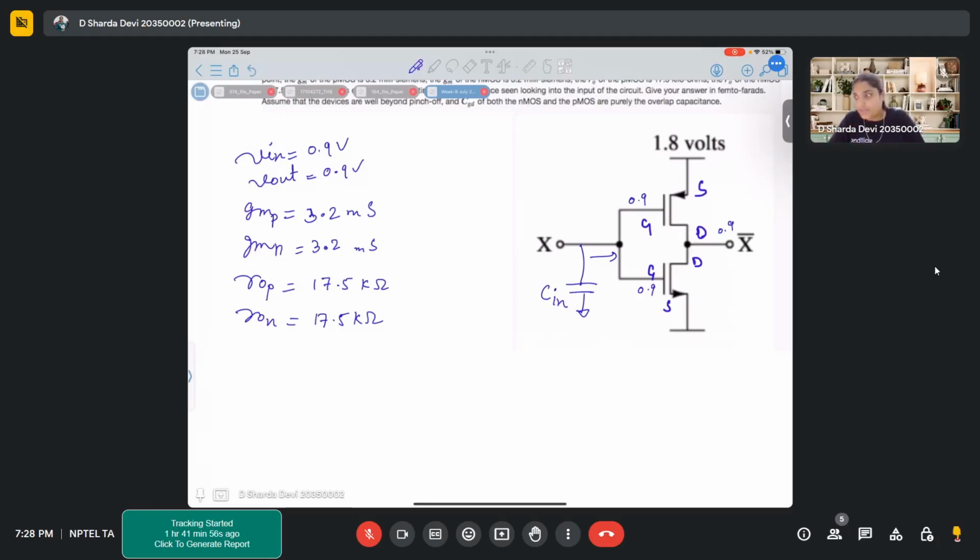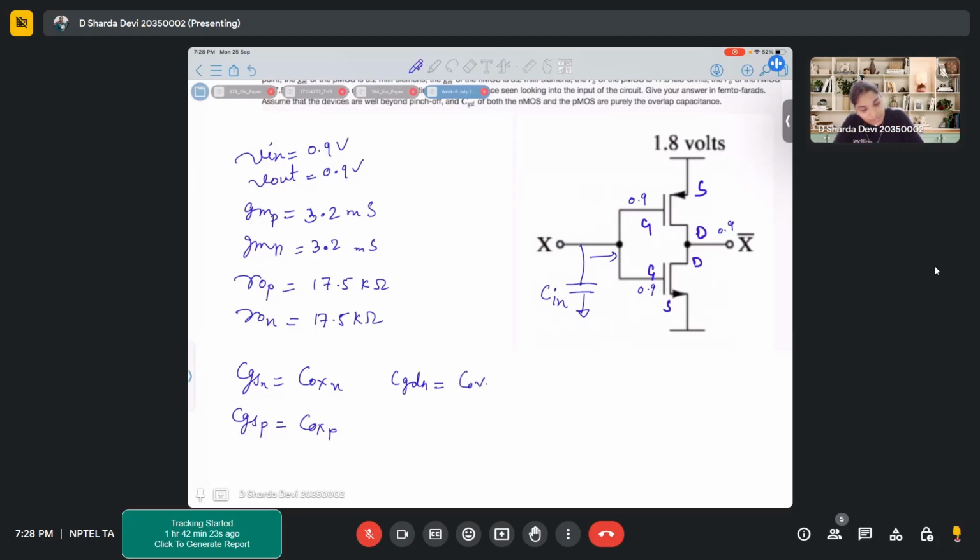First of all, your CGS of N will be Cox of N. CGS of P will be Cox of P. CGD of N: now, since pinch off has occurred, there won't be any oxide capacitance present over there, but there will be a capacitance which is the overlap capacitance.